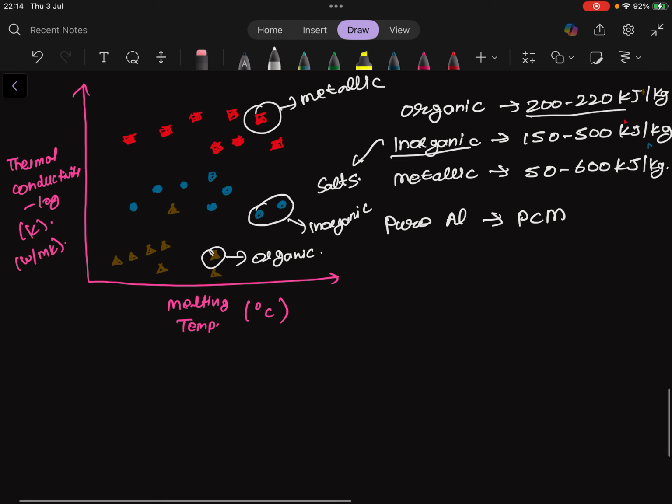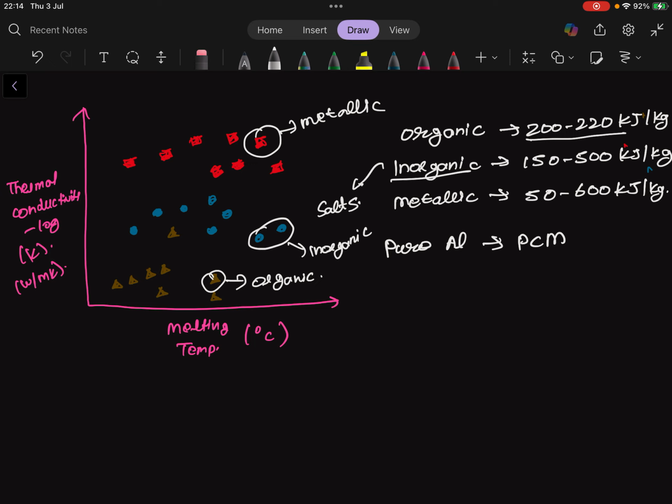I think many of the people have a doubt, like what is the heat of fusion basically? So we can define the heat of fusion.